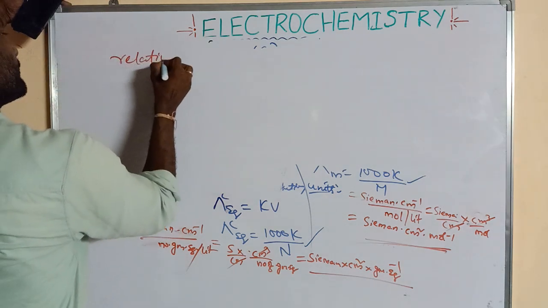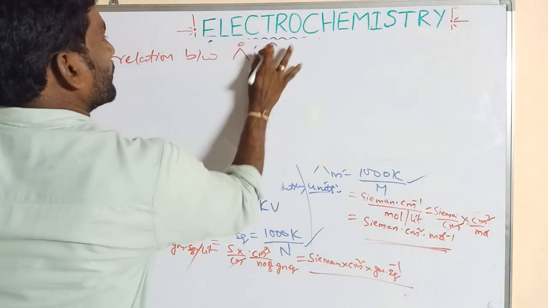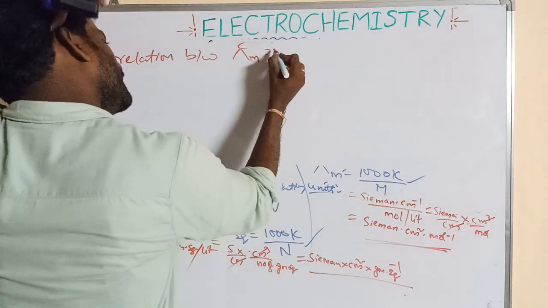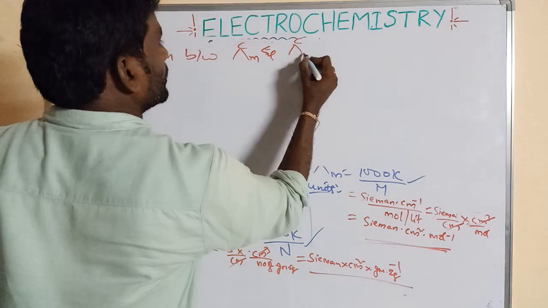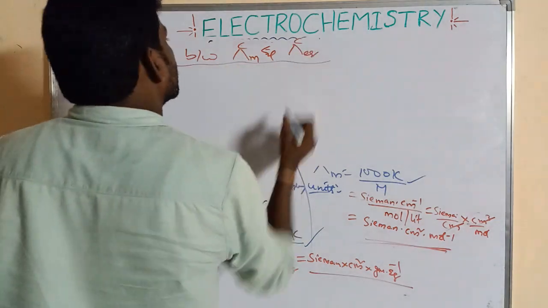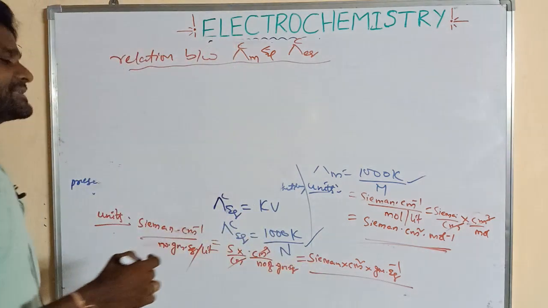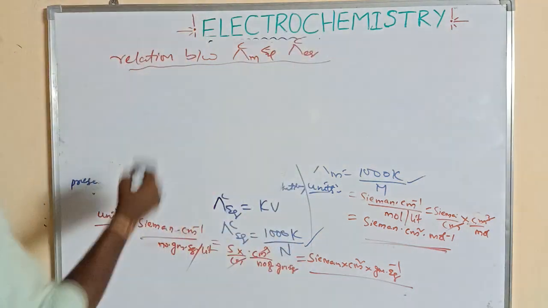The relation between lambda m and lambda equivalent. If 0 is written, that is the limiting molar conductivity, limiting equivalent conductivity, which we'll discuss later.